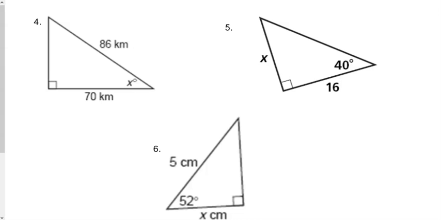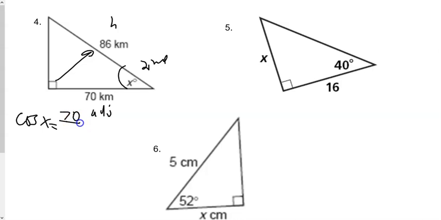More practice, that's all this is. I'm finding an angle, so I'm going to hit my second key. We have the hypotenuse, and we have the adjacent side. So that's cosine, CA. Cosine of the unknown equals adjacent over hypotenuse.